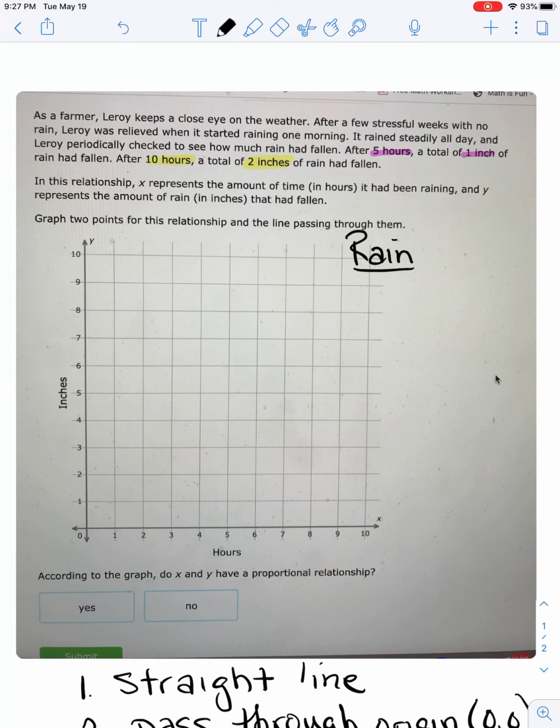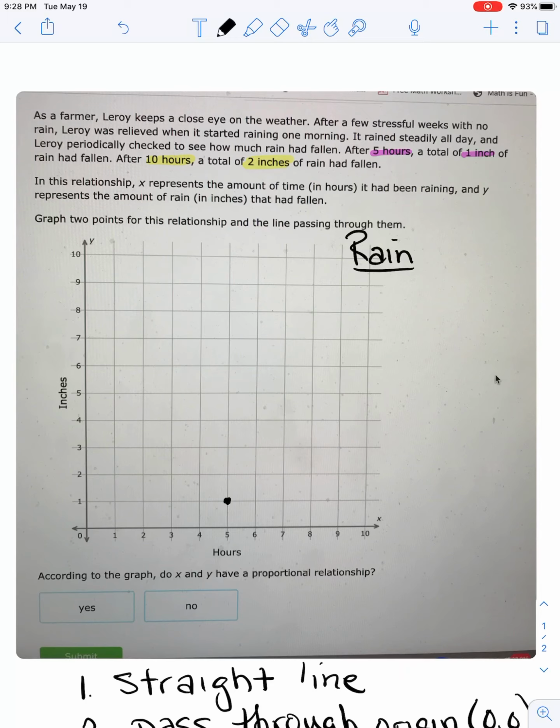So now we want to find out if this amount of rain is proportional. So what do we have to do? We're going to have to graph the 2 points. Let's look at the one highlighted in pink first. After 5 hours, a total of 1 inch. So we're going to look along the x-axis for 5, because it's 5 hours, and then go up to 1 inch and make a point there.